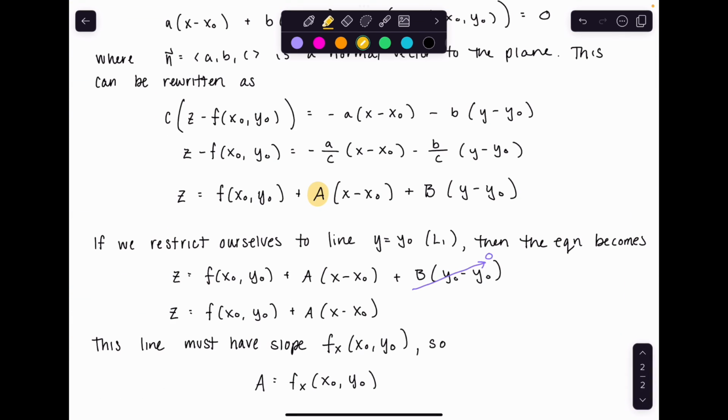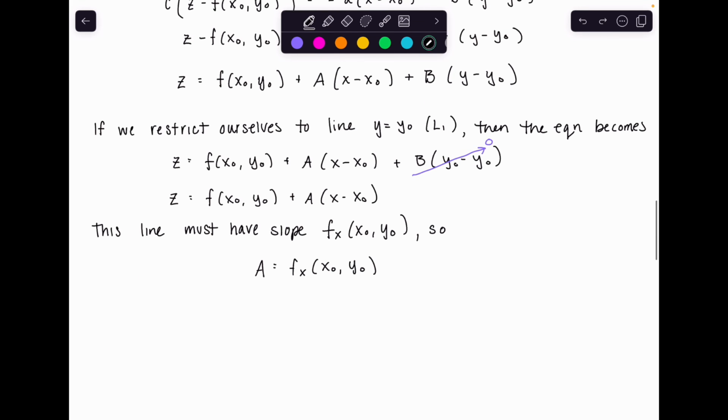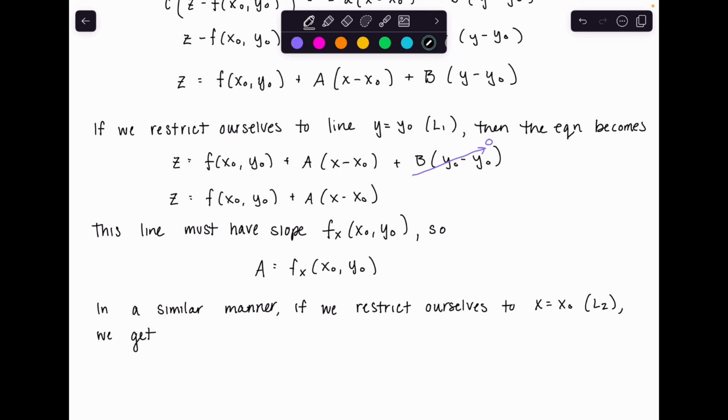So we end up finding that these constants have to be exactly what we want. So in a similar manner, if we restrict ourselves to x equaling x naught, which is line 2, we get that the z component will be that initial point plus b times y minus the y coordinate.